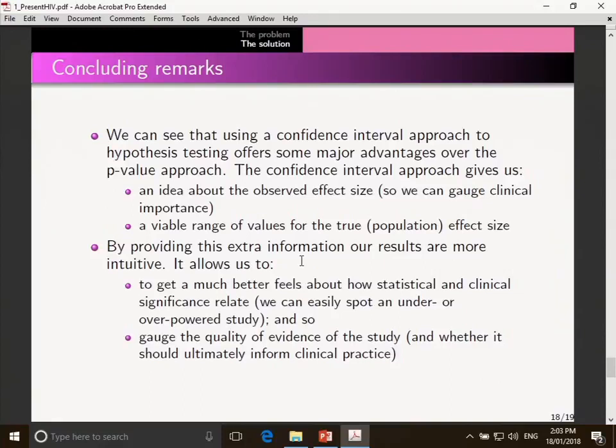We can easily spot an under or overpowered study, where there's a big disconnection between clinical significance and statistical significance. In doing so, we gauge the quality of evidence of the study and whether it should ultimately inform clinical practice.